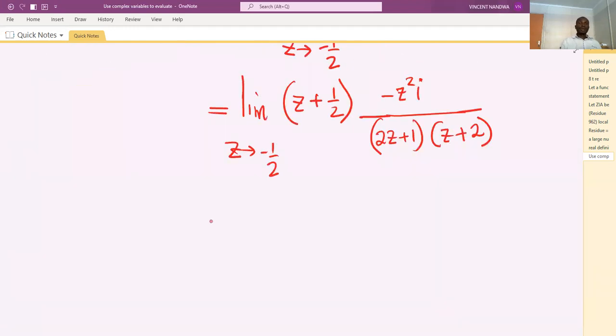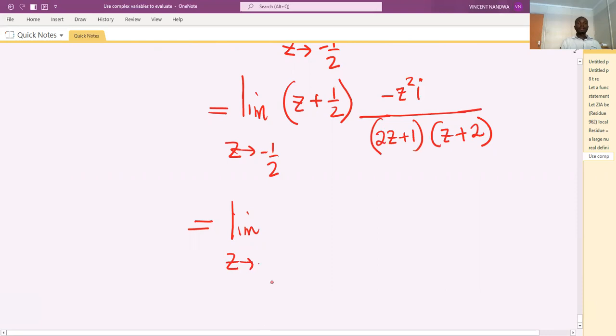And you see, we can write this one as limit as z approaches negative a half, z plus a half times negative z squared i.